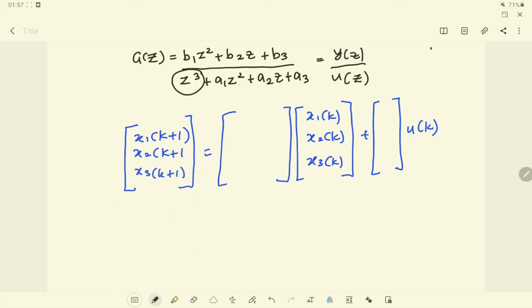Okay, write it back from the transfer function in Z form to the state space in k.